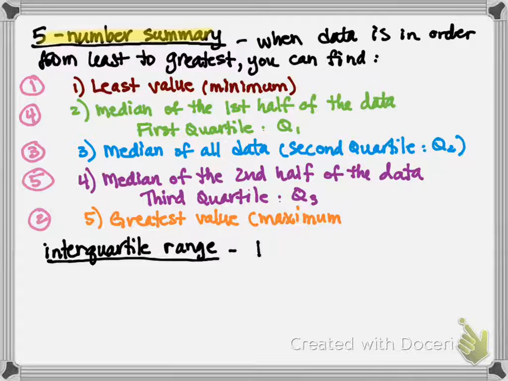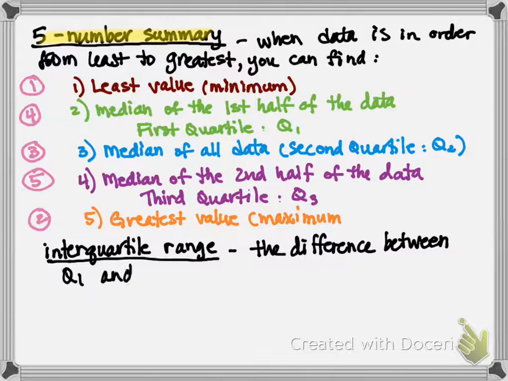So basically it's the difference between Q1 and Q3. In other words, we're going to just do a little subtraction problem. And this is known as IQR, the interquartile range.